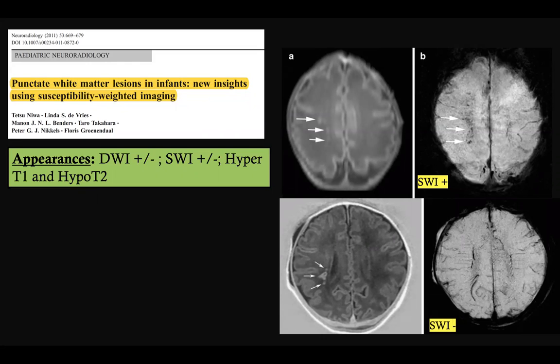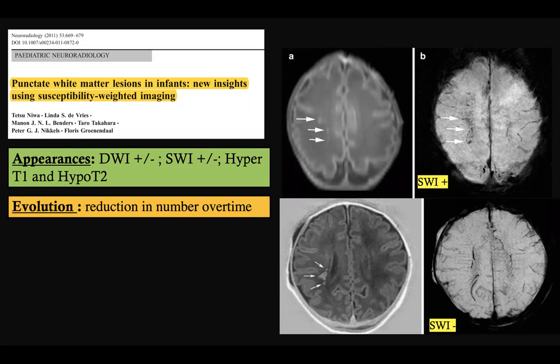So they can be DWI positive and SWI positive or negative. And they try to think what is the difference between the susceptibility, the positivity or negativity in susceptibility and in DWI. They also show that sometimes they reduce in number over time, but this is a controversial finding.